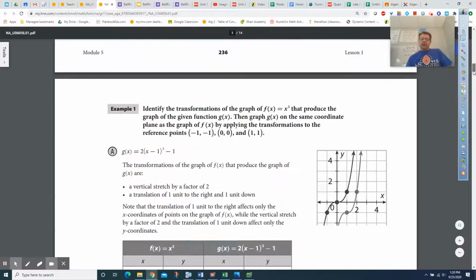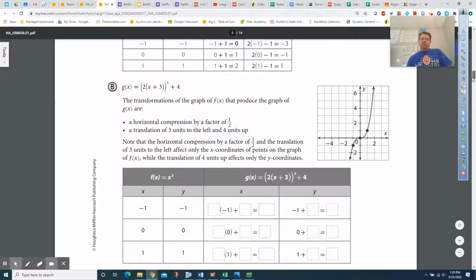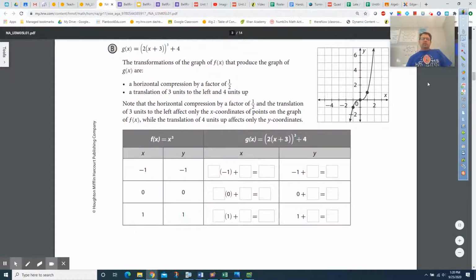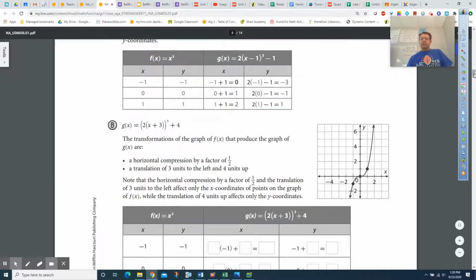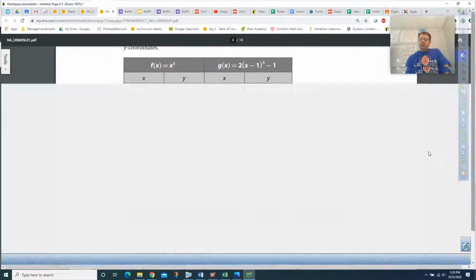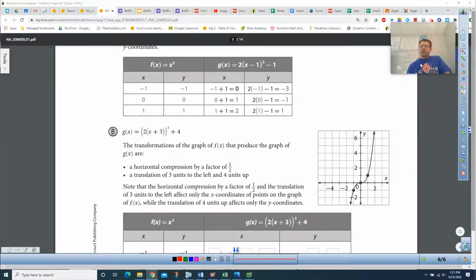So let's get them back here. Okay. So what is going to happen to this guy here? Well, this +4 is still going to make it go up 4. So our vertex is going to end up, okay, again, I get my whole picture on top of myself here. So I know that my vertex is going to go up 4.